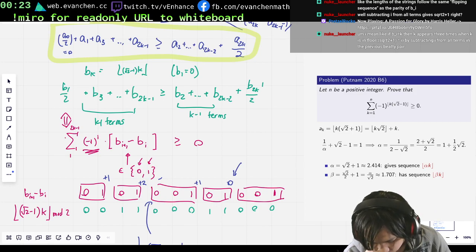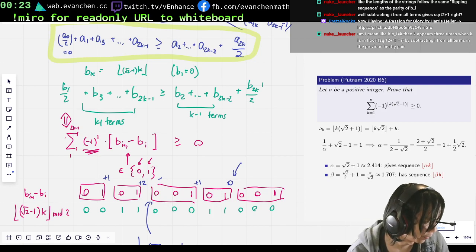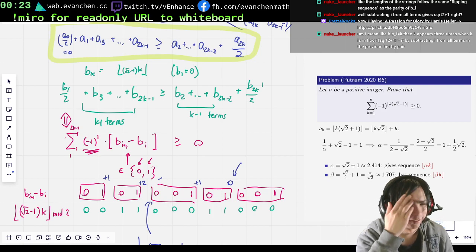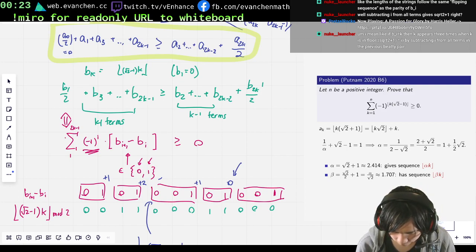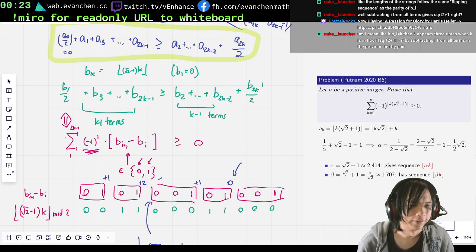Fine. Do I think I can write this up? I feel like this write-up is going to be so confusing because it's doing the same thing in. Oh, this is going to be a fun write-up.